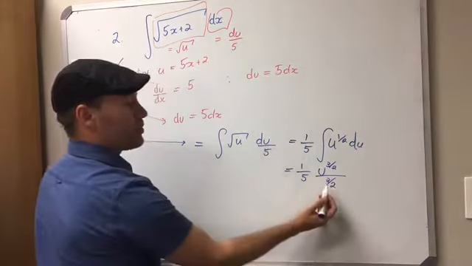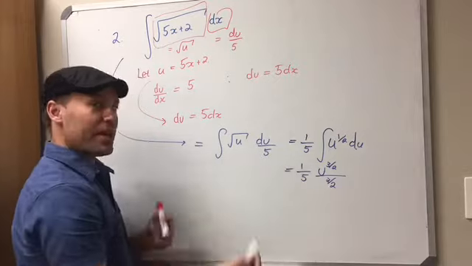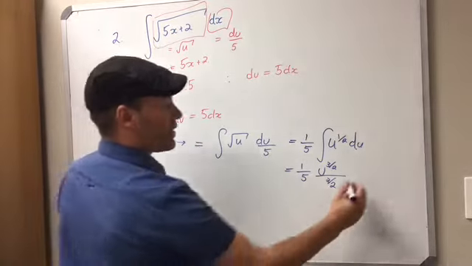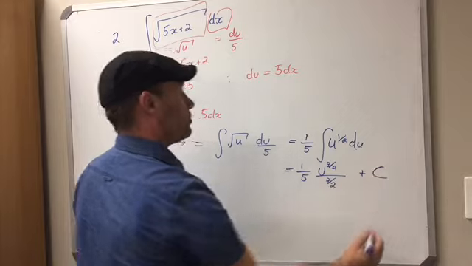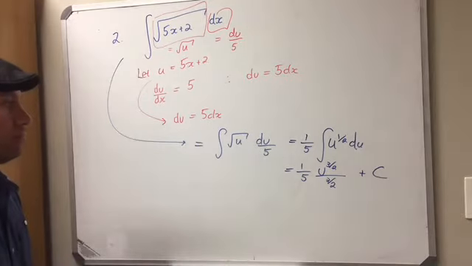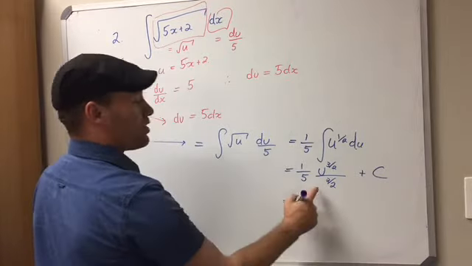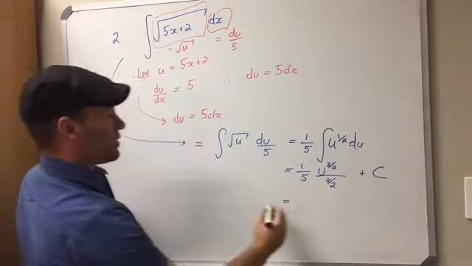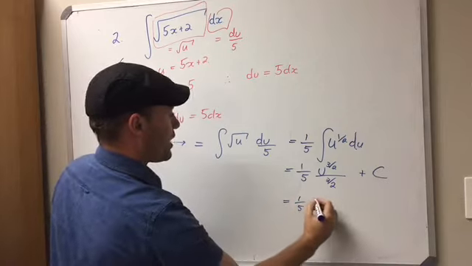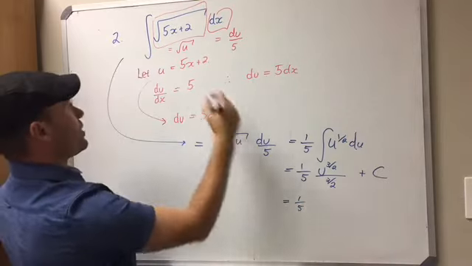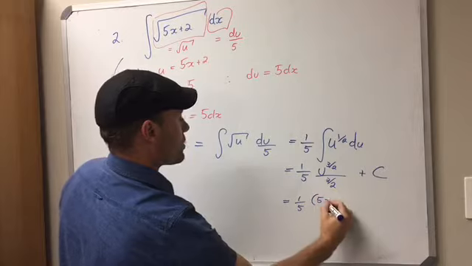There's no need to simplify by multiplying through. You can if you want, but you can just leave it like this. And then I've still got the plus c. Good. The last step is always to rewrite u in terms of x. So I get a fifth times u, which is equal to 5x plus 2.